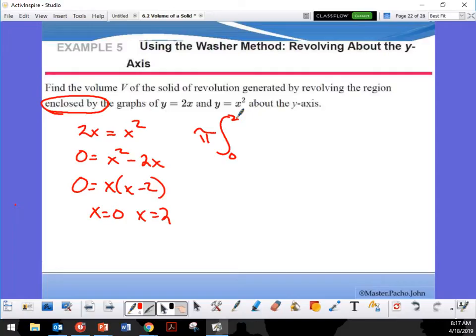I plug in a 1, because it's between there, so 2x is going to be the greater one. So (2x) squared. You could do this as this function minus the next function, or combine both functions. So I'm going to combine both functions. So minus the bottom, which is going to be my x squared, dx.